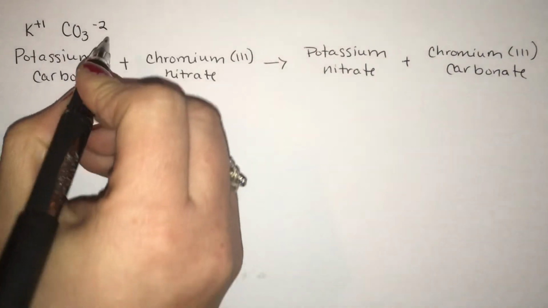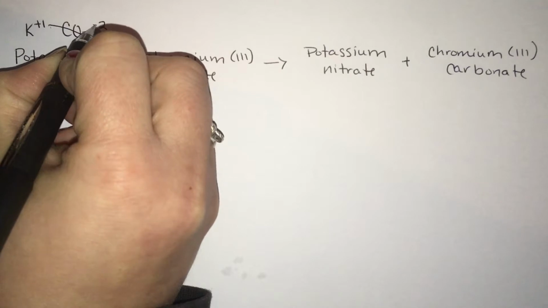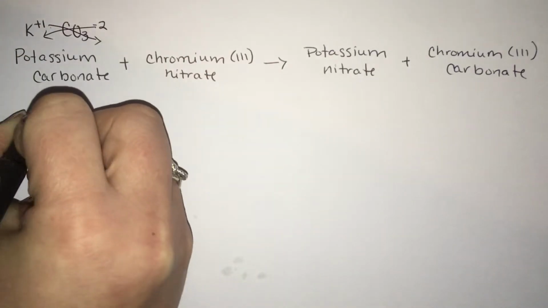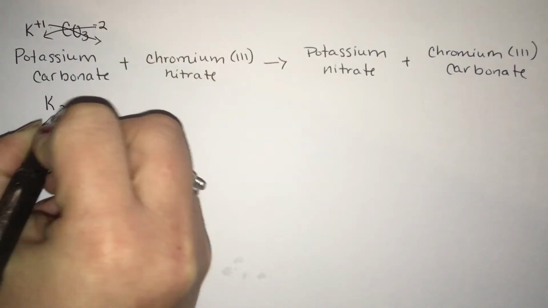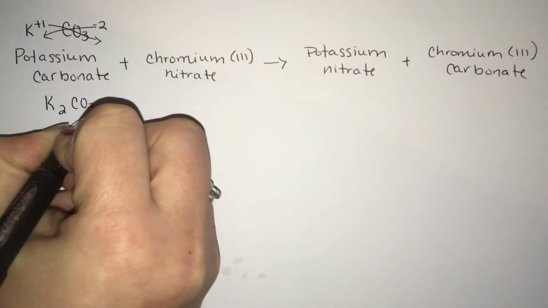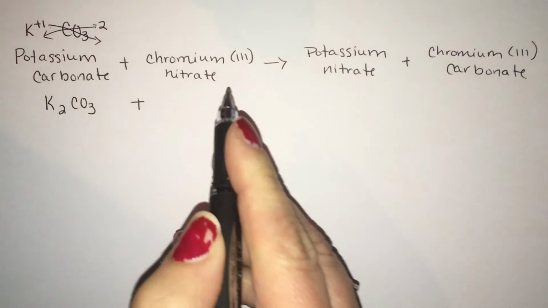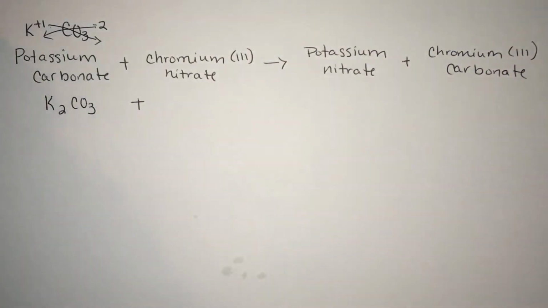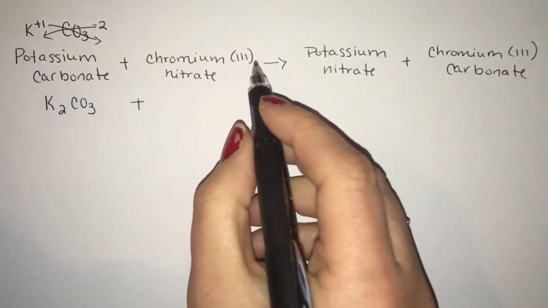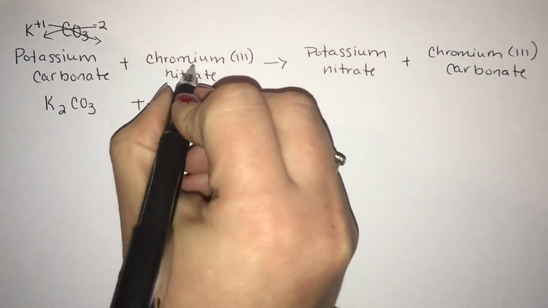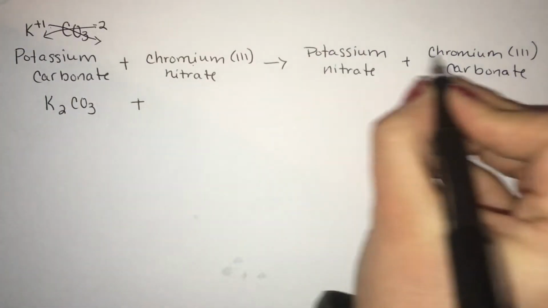Okay, and then you will just bring down the charges like this, and your compound will be K2CO3. Bring down your plus sign, and then we're going to do the same. So we have chromium with a +3 charge. Chromium, this is a metal.